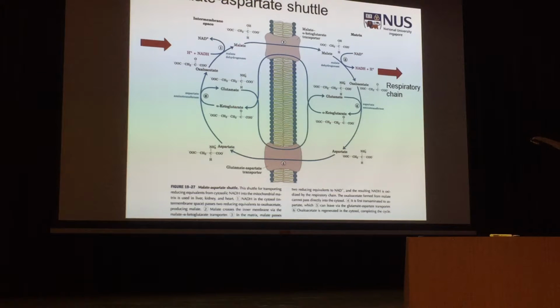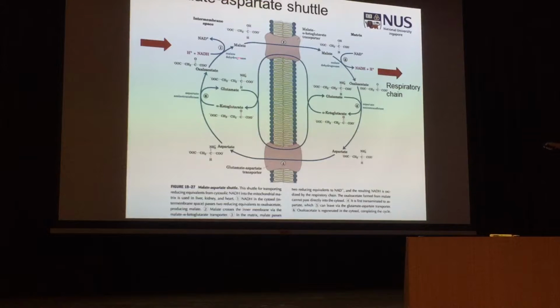So only when it is in this malate form can the malate then pass through the mitochondrial membrane via a pore, a transporter, a gate called the malate alpha-ketoglutarate transporter.